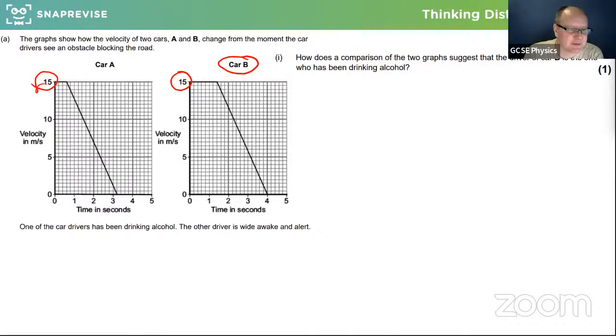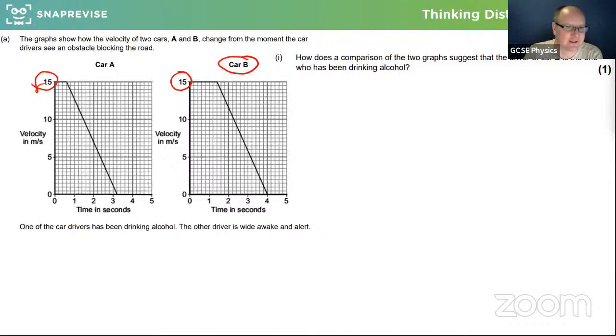One of the drivers has been drinking alcohol, the other driver is wide awake and alert. So which one of these two graphs suggests their driver has been drinking alcohol? You'll notice that the slope of the graph once the driver has applied the brakes is the same gradient for both. So the cars are identical in their braking behavior, but which driver takes longer to react?